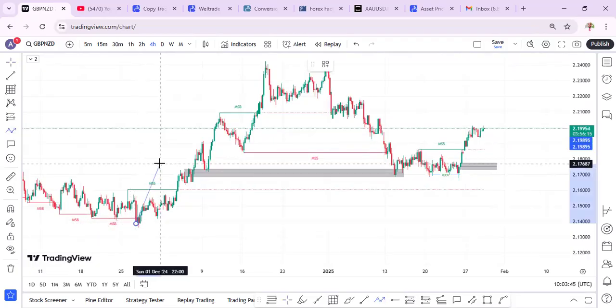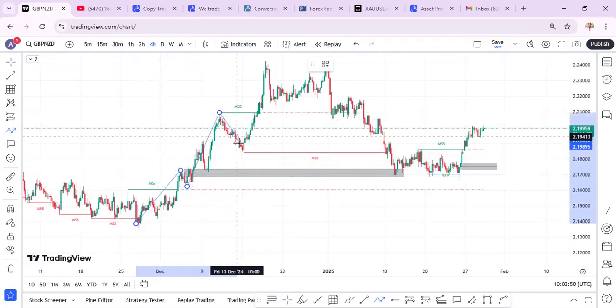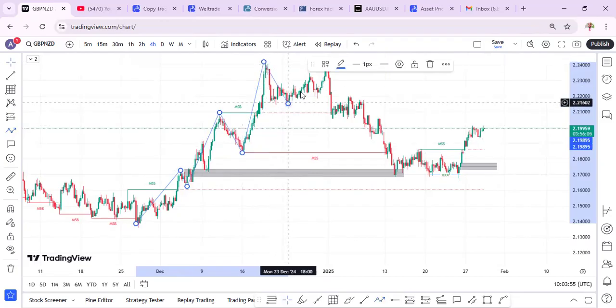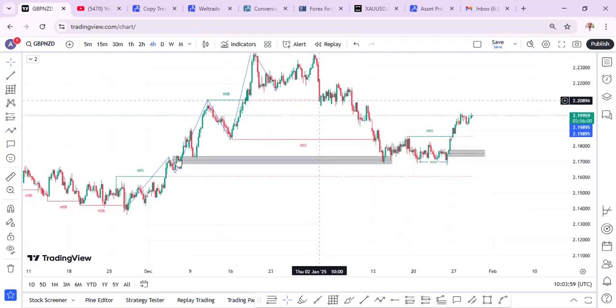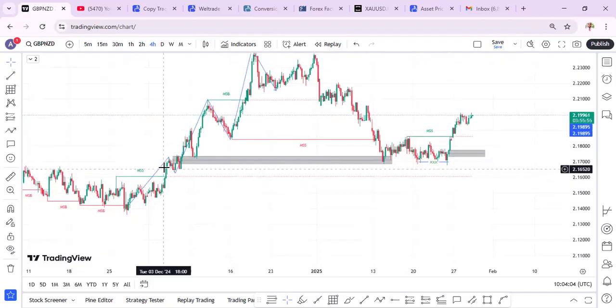So we have this low, we have this high. So we have this, we have this, we have this. Right. So now look at it. What do you see? You see price give us change of character, break of structure, a little retracement.